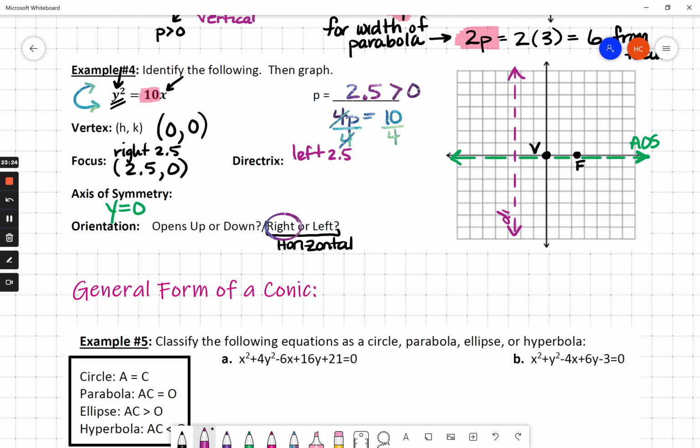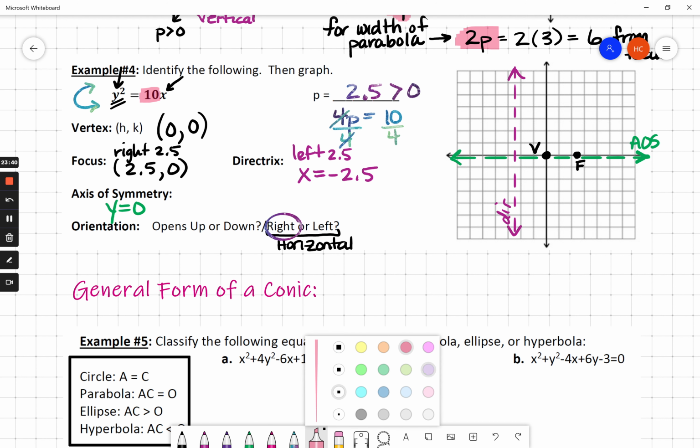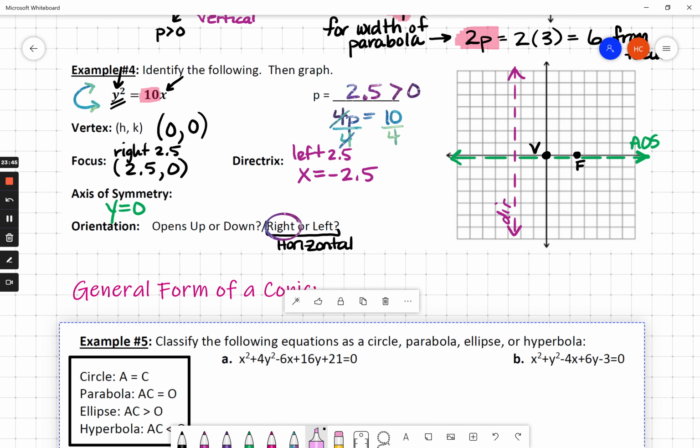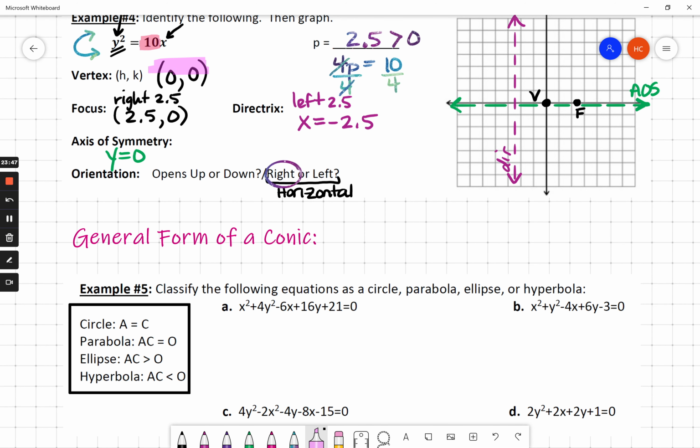Let's put a DIR, and it is going through the x-axis at not 2.5, but at negative 2.5. Again, let me highlight here. Let's use pink. This is my main answer, and this one, and of course our p-value.